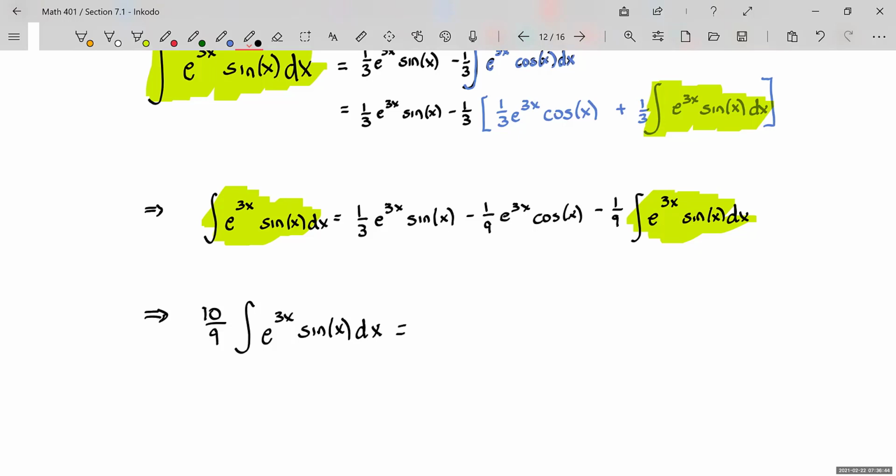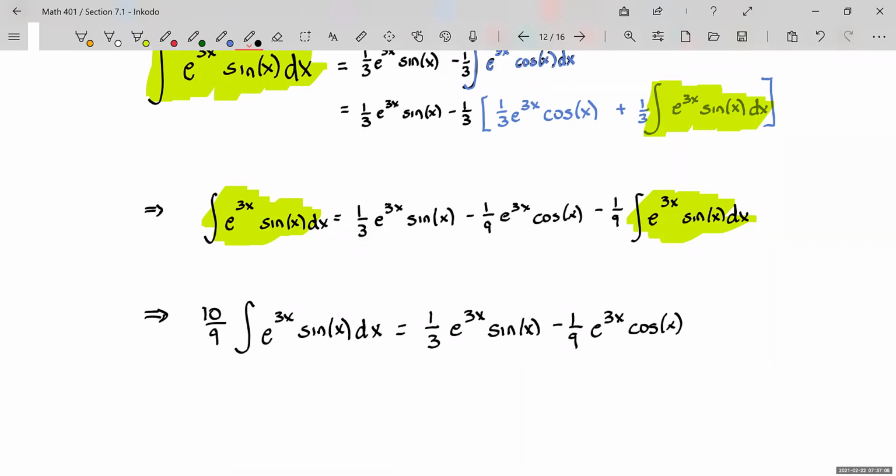That's equal to the right-hand side. I was just debating if I wanted to copy that or rewrite it, but I'll just rewrite it. And then you multiply both sides by 9/10.